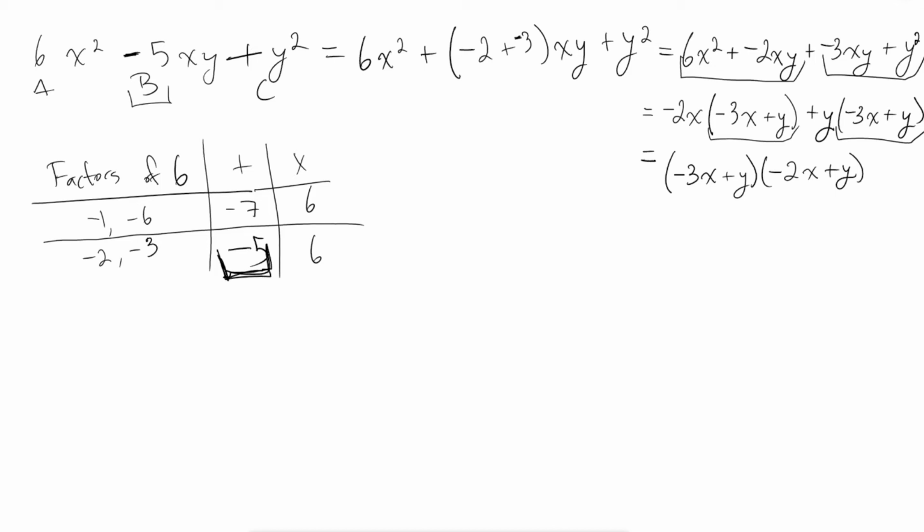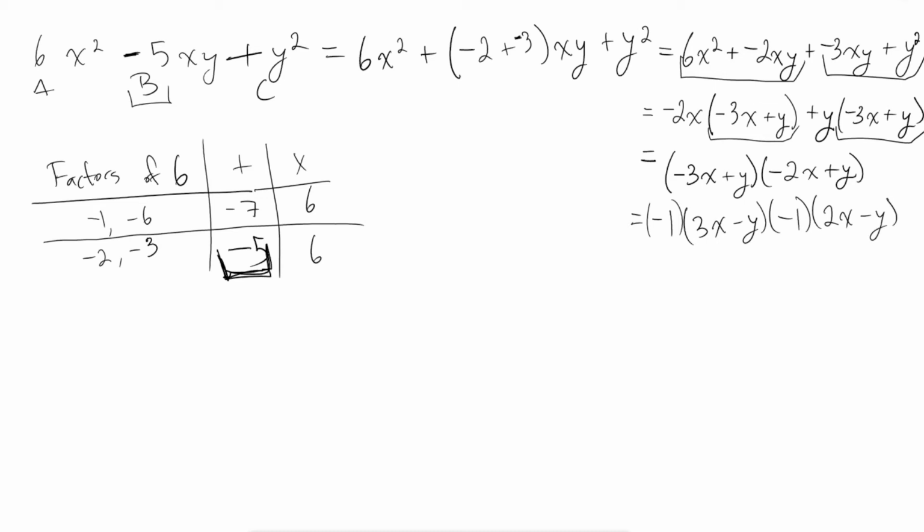I could also rewrite this. They have the opposite signs, so when you have negatives, you can rewrite it. If I factor out negative 1 from both of these, that's the same as negative 1 times positive 3x minus y, times, if I factor out negative 1 from this one, positive 2x minus y.